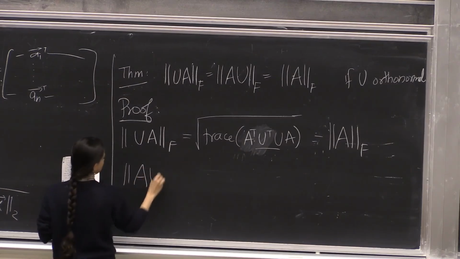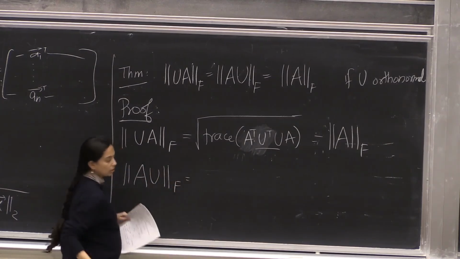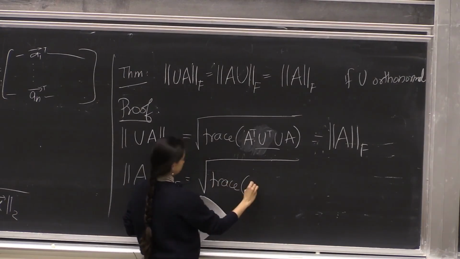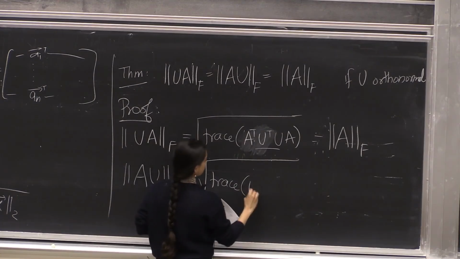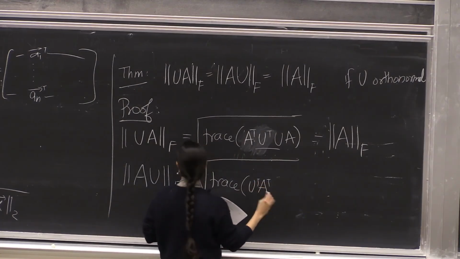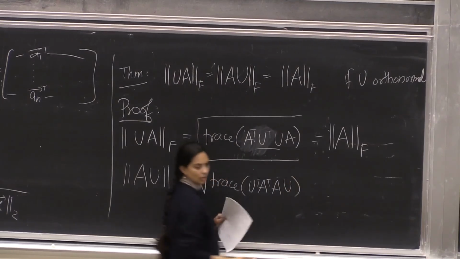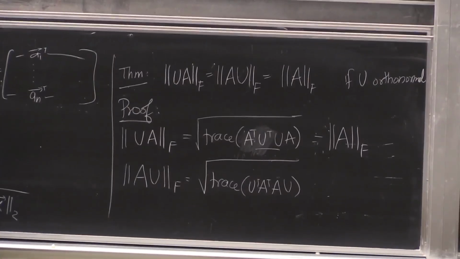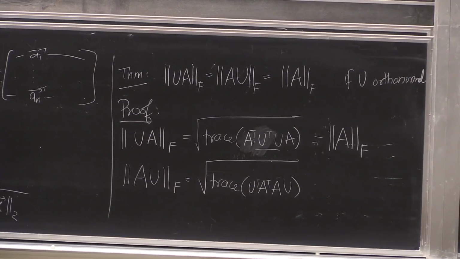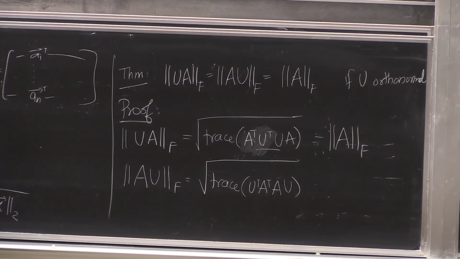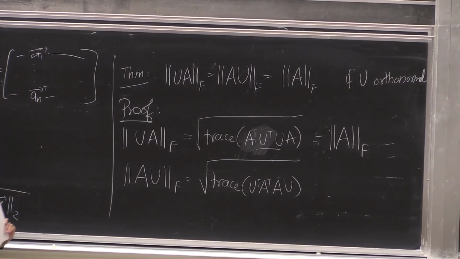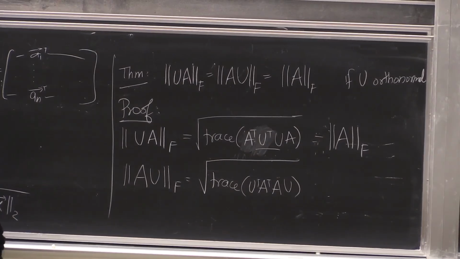What if I had the Frobenius norm of AU? This is equal to the square root of the trace of, now what do I get? I get U transpose, A transpose, AU. Now what do I do? SVD of? Okay, SVD could help me. How would it help me? U is not necessarily connected to the SVD. U is just any arbitrary orthonormal matrix. Can we use the trace property?